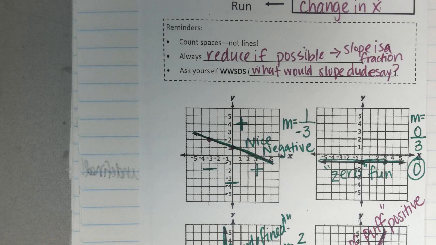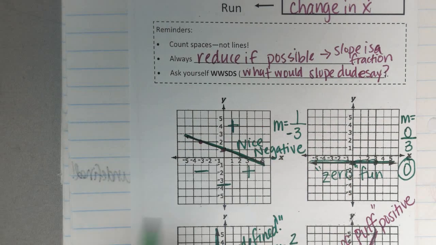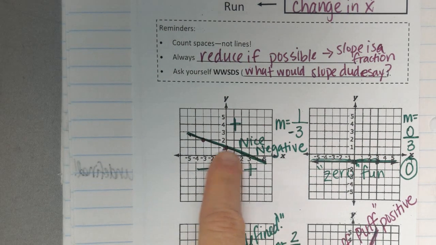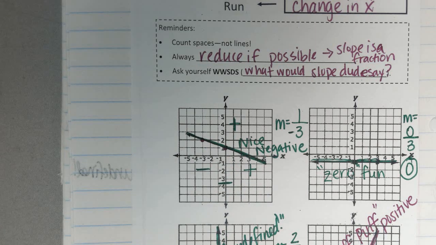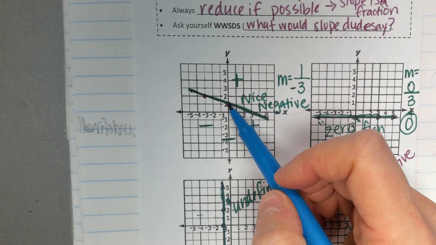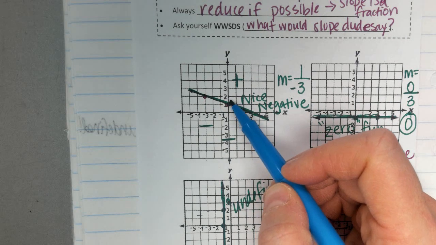So let's go back to last night's notes, on this notes page, and go back to this graph. I told you it was rise over run, and we talked about how if you go from one point to the other, you rise. How many spaces do you rise?